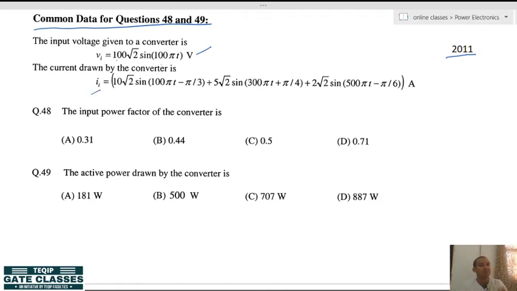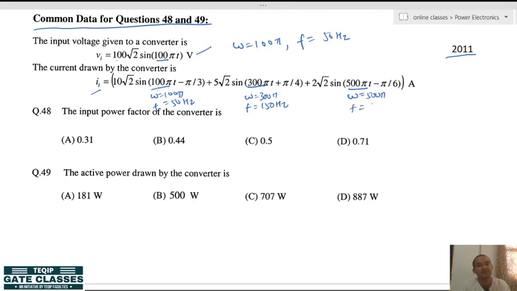Alright. So, now just by seeing this you see that in the current there are 3 different frequencies. Here omega is 100 pi, which means f is 50 hertz. Here omega is 300 pi means f is 150 hertz, and here omega is 500 pi means f is 250 hertz.